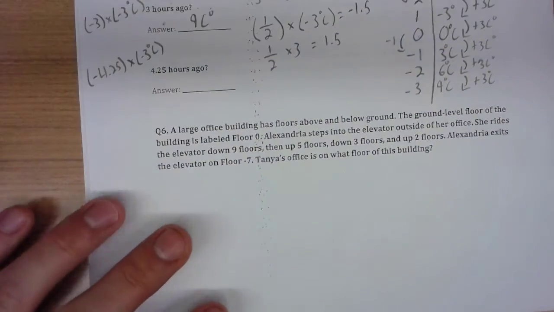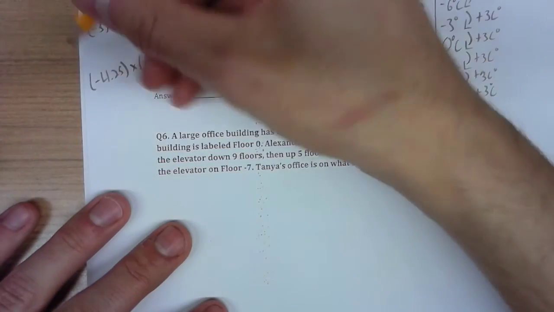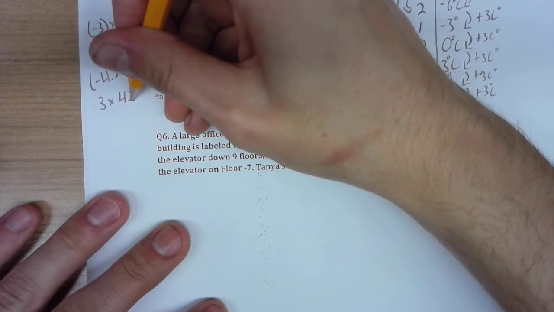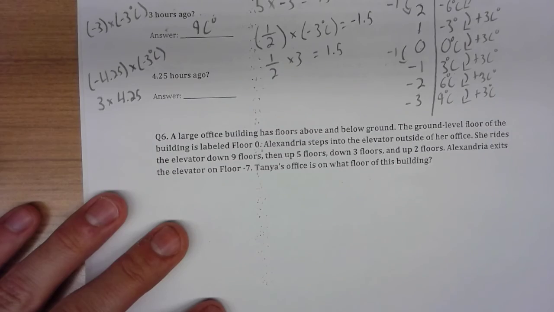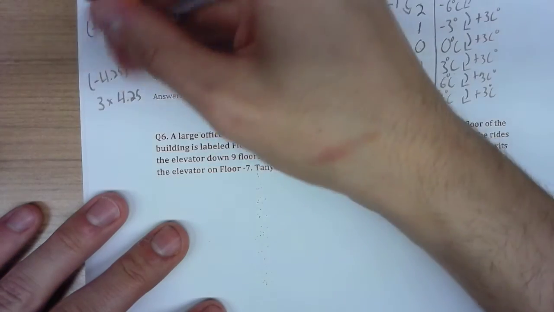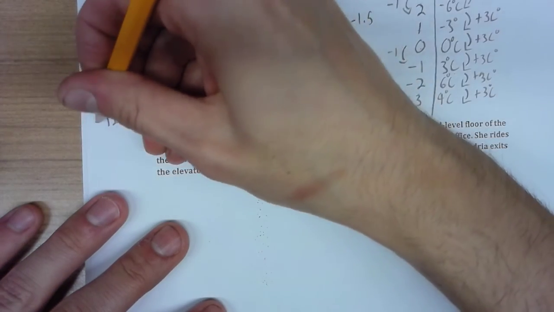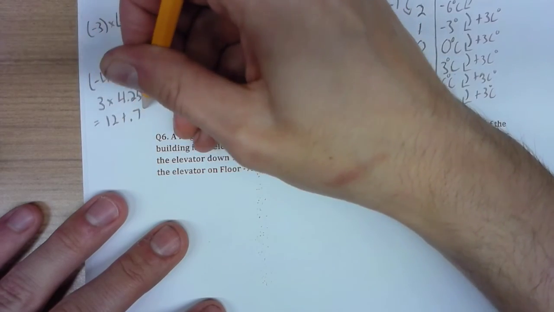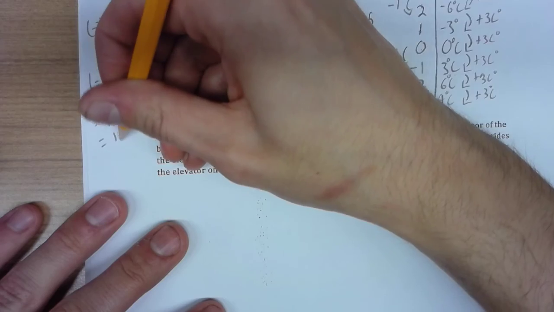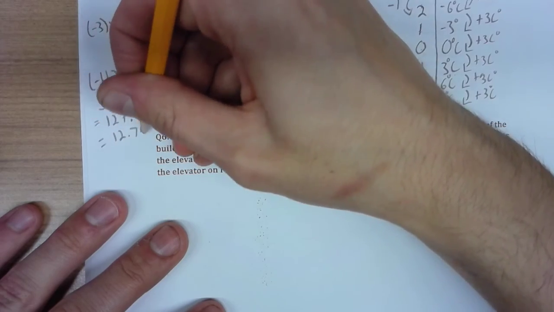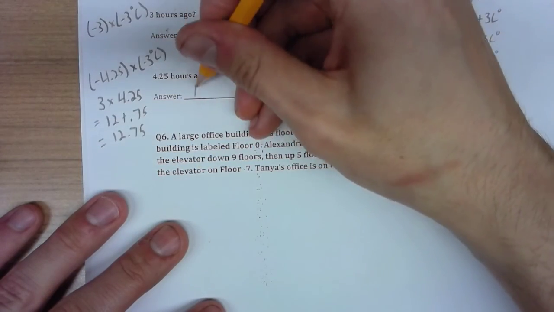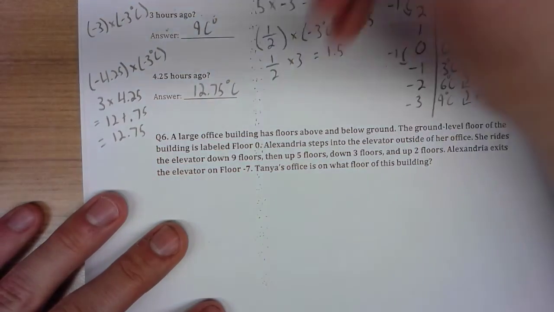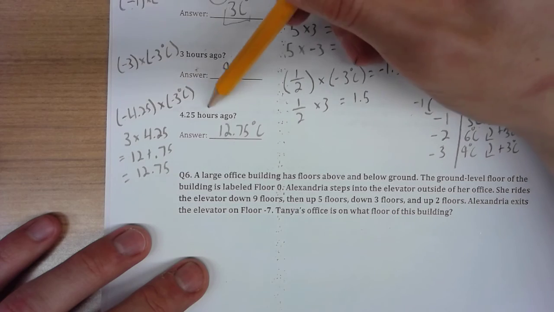So if we wanted to make this a little simpler, we could just do 3 times 4.25, and that'll get us a similar answer. So 3 times 4 is 12, plus 3 times 0.25 is 0.75, so our total answer is 12.75 degrees Celsius.